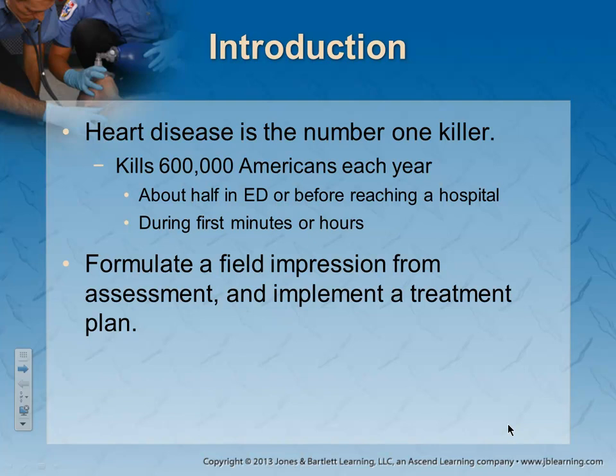Right after the Big Mac. So heart disease kills approximately 600,000 Americans each year, and probably three-quarters of that are going to be acute in onset, with us making first contact with them.